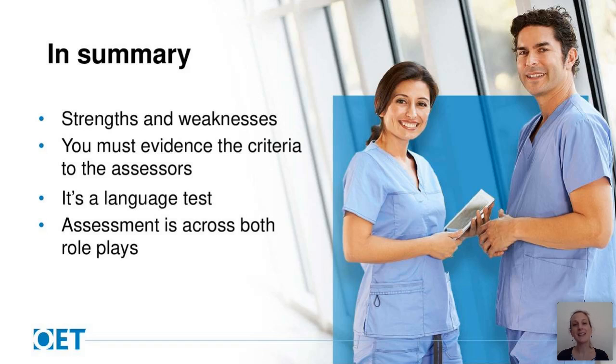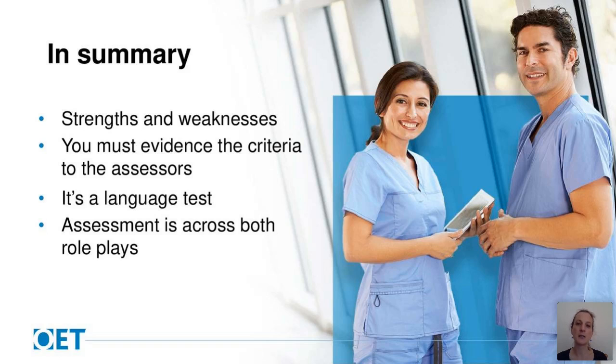And of course, the patient or carer that you're talking to is also different each time. Some patients and carers will find it much easier to understand what you're describing to them than others. And that would be true in real life. So what is most important in the role card and in the role play is that you evidence the criteria to the assessors.